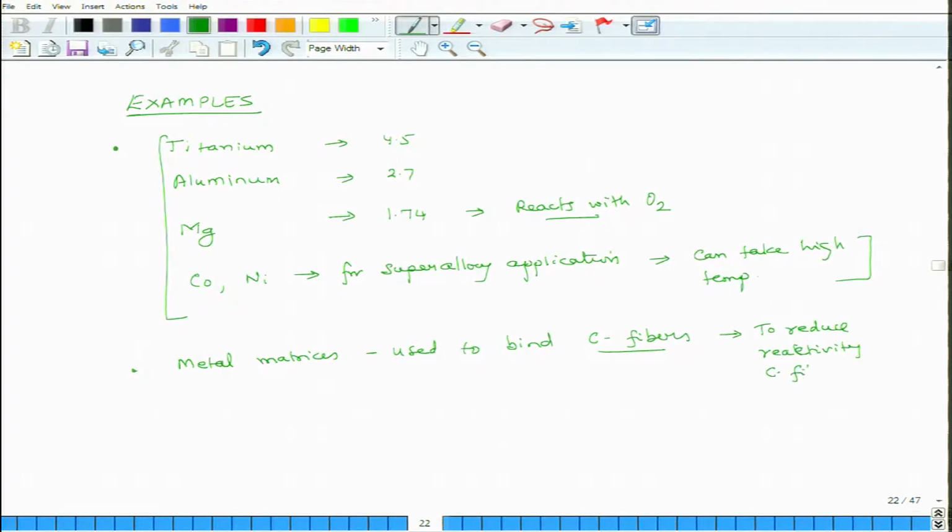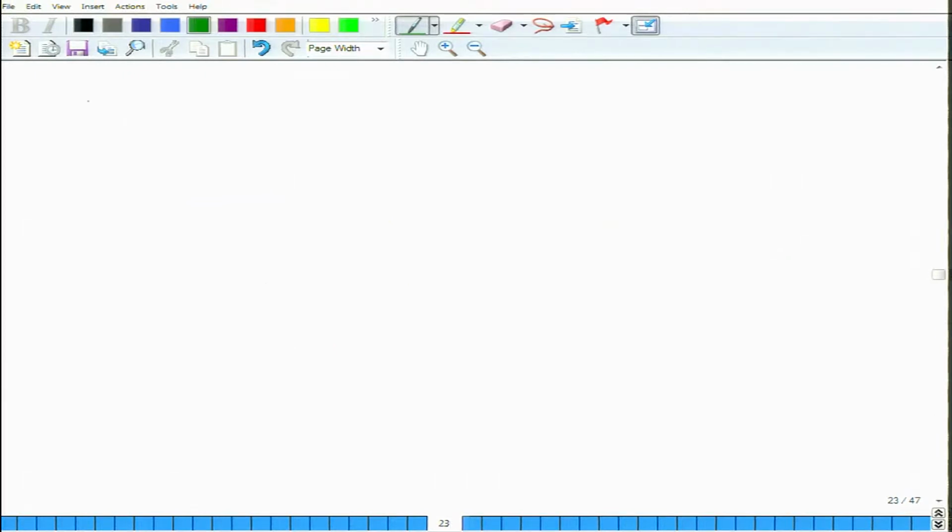Carbon fibers are coated with something which does not react, and then these matrices are also used to bind ceramic fibers. Examples are cements, we have discussed this earlier, and then we have some more examples.